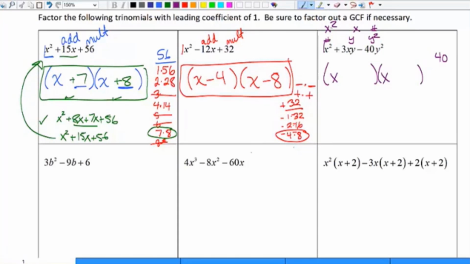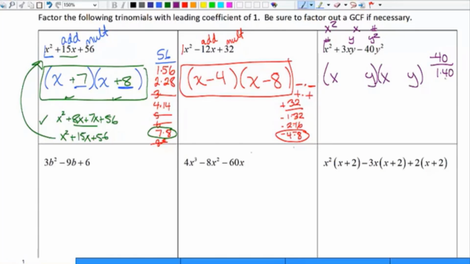So because my x's are going down nice and neat in a pattern, and my y's are going up nice and neat in a pattern, I know that I can still factor this. I just need to put y's in the back because y times y is going to get me the y squared that I want for my last term, and the two middle terms will have xy. So really, again, I'm only focusing on that negative 40.